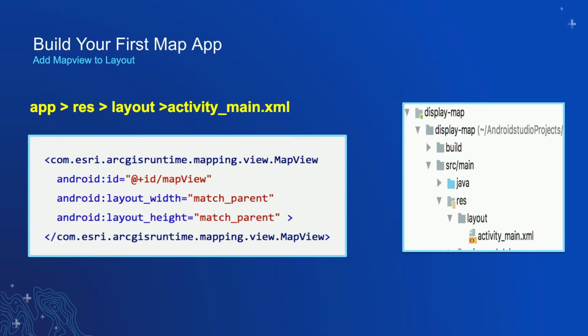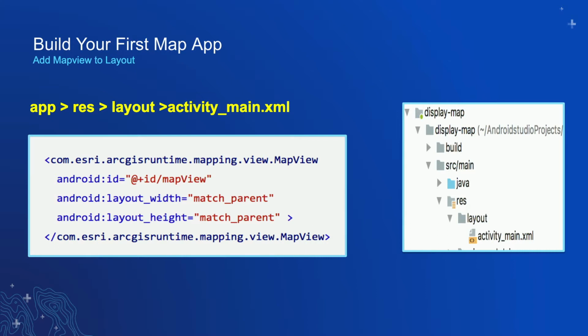Once you have the SDK, you need to get started and build a simple Maps app, right? To build an Android app, you obviously need to have a layout created. And from the SDK that you downloaded, you can just add a map view component to your layout file, just like the other text views or other views that you have.